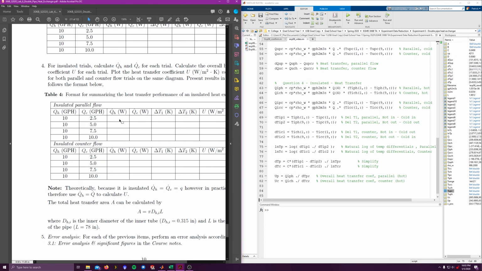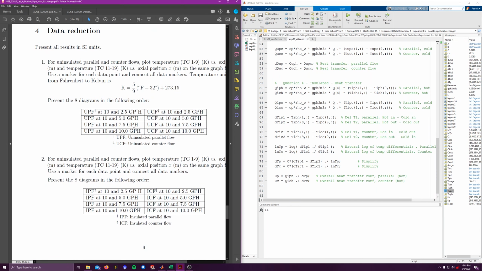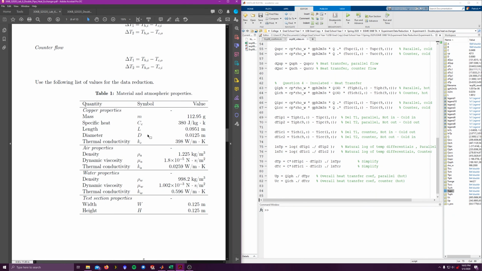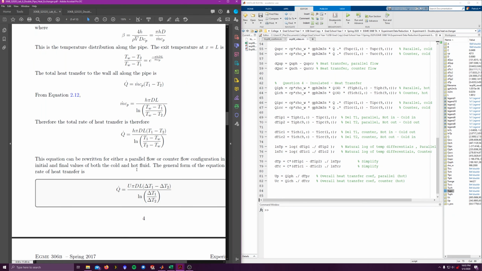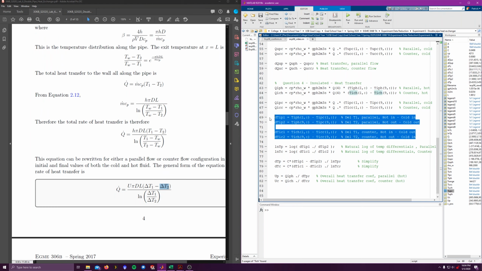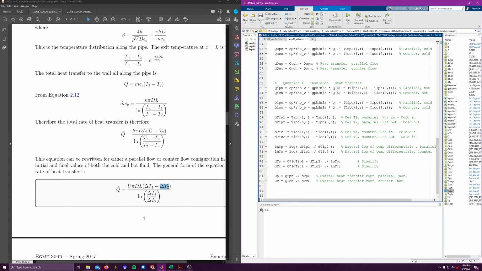So let's go back here. We're working on our equation to find the overall heat transfer coefficient. We have delta T1 and delta T2, and now we need the natural log of delta T1 and delta T2.